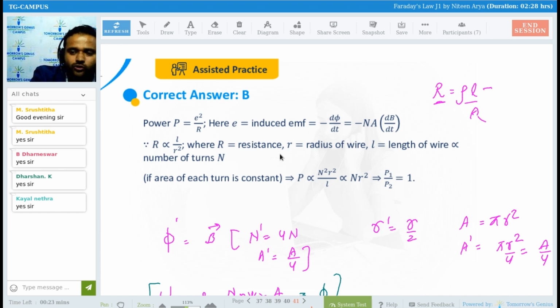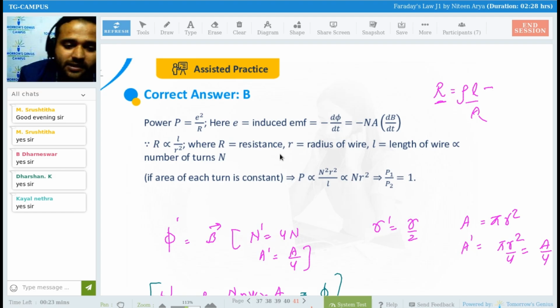Is this clear? So when you are facing this particular type of question, try to find the dependence. The dependency is here N or r. Here small r is radius, capital R is resistance.